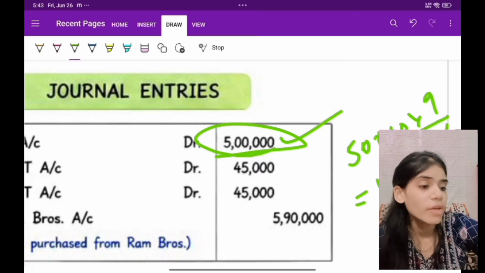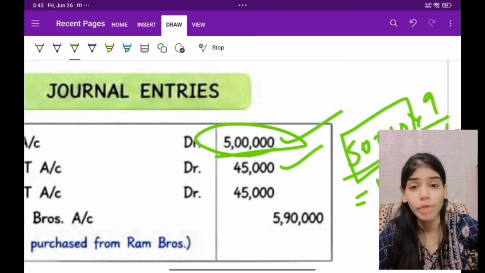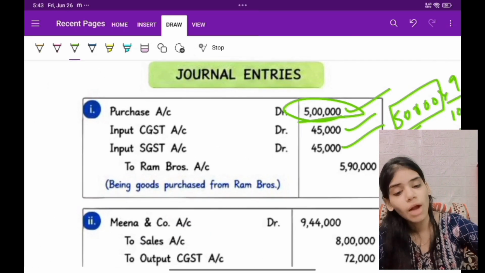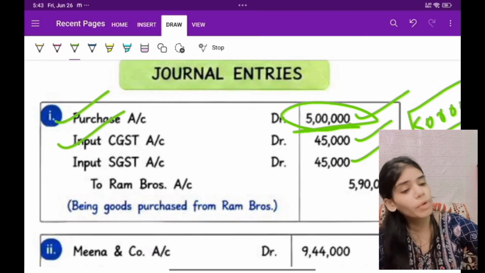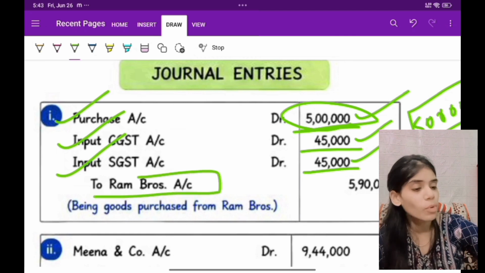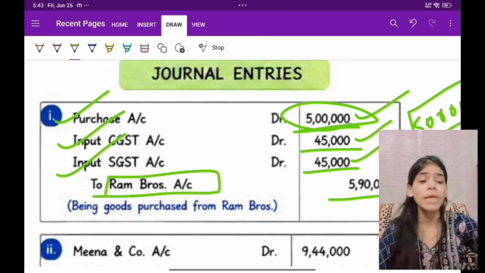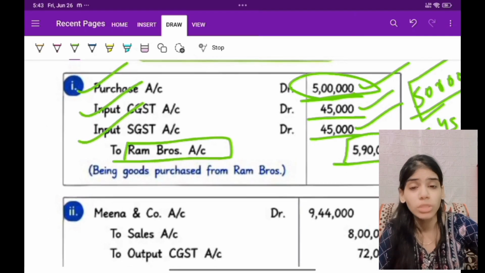Means buying 5 lakh goods has attracted 45,000 of CGST and 45,000 of SGST, which we have to pay to Ram Bros. So purchases account debit 5 lakh, input CGST 45,000, input SGST 45,000. The total payment that we have to make to Ram Bros will be 5,90,000. So this is the first basic journal entry at the time of purchasing goods.